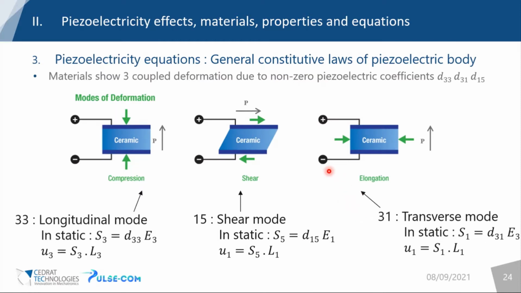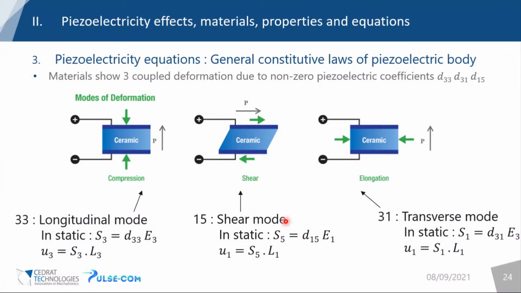The three modes of deformation of a piezoelectric material are the modes 3-3, 3-1, and 1-5. The mode 3-3 is when the polarization is aligned with the deformation of the ceramic, and the electric field is also aligned. So everything is in the same direction. It is the most common way for a piezoelectric crystal to be excited, and it is called the longitudinal mode.